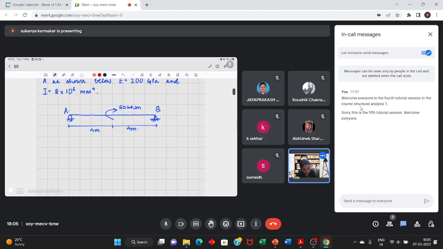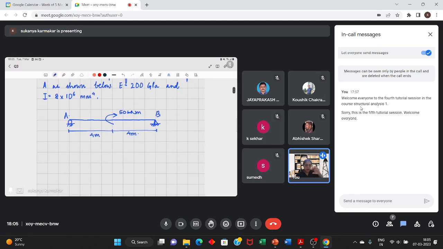This loading is straightforward. If there is a moment of 50 kilonewton meter, then the reactions will be 50 divided by the length of the beam, that is 8 meter.